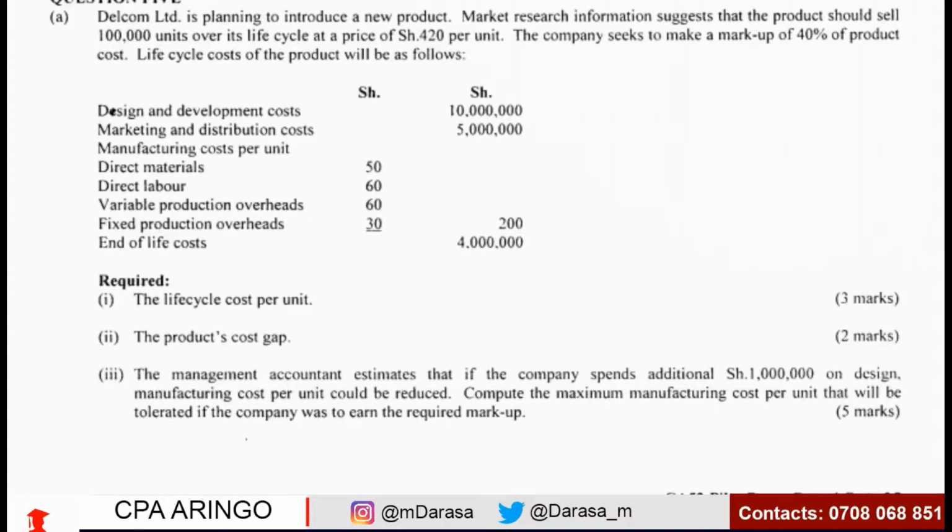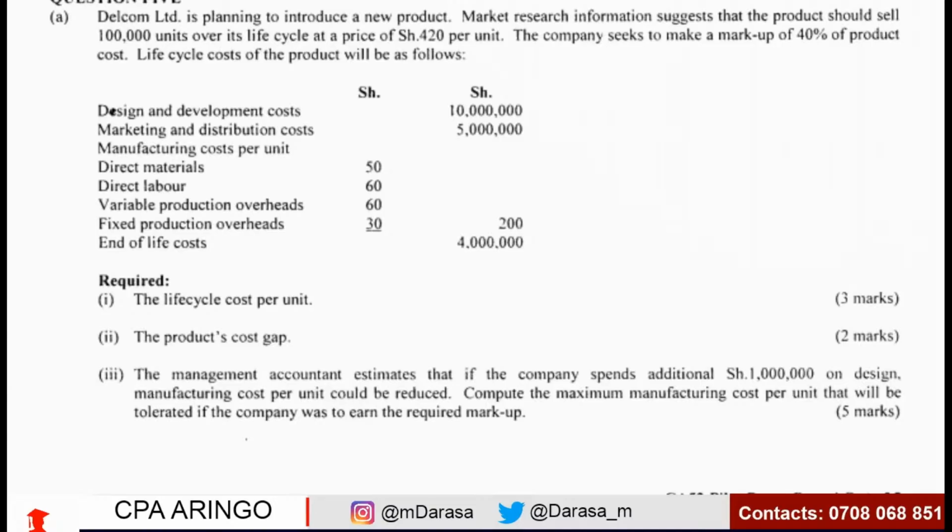Life cycle cost of the product will be as follows: design and development costs, marketing and distribution costs, manufacturing cost per unit. I'm given direct material, direct labor, variable overhead, fixed production overheads totaling 200 shillings per unit. End of life cost, I'm given 4 million. Required. Number 1, the life cycle cost per unit.